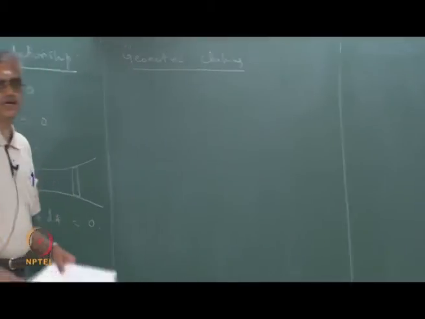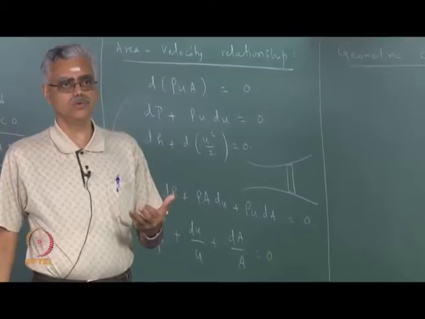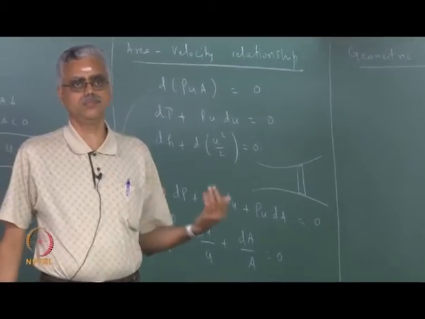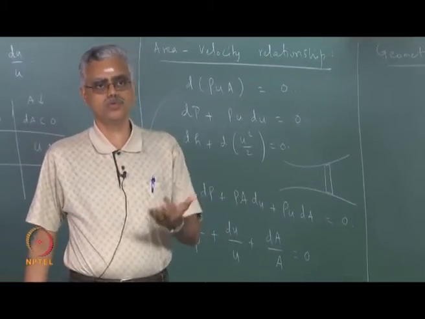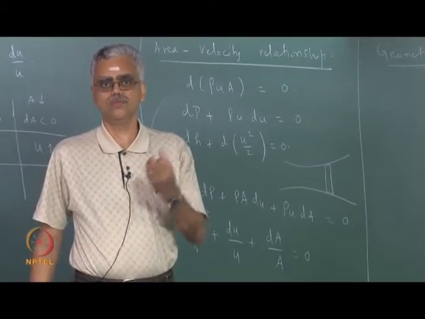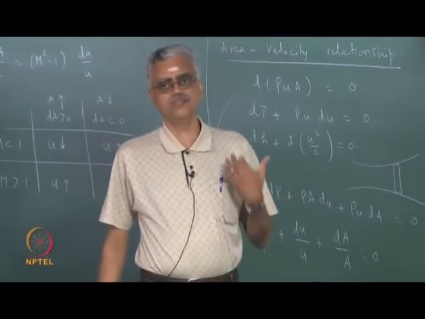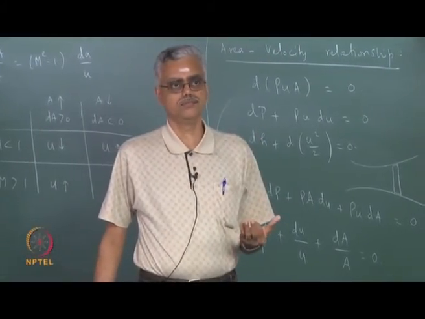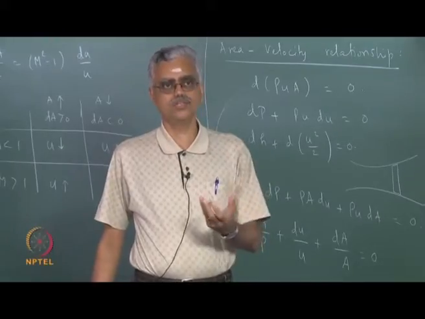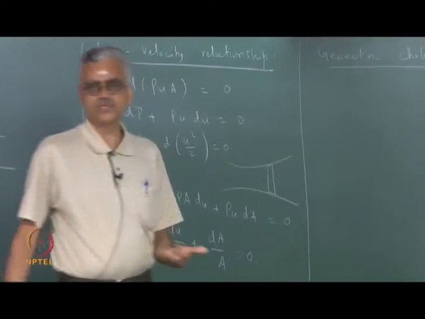We have looked at thermal choking, where enough heat addition could cause the Mach number to go to 1, either from a subsonic Mach number or a supersonic Mach number. With enough heat addition, we can make the Mach number go to 1 or the flow attain sonic state. We saw with friction also that if you make the pipe long enough, we can attain the sonic state in the pipe. So that was friction choking.